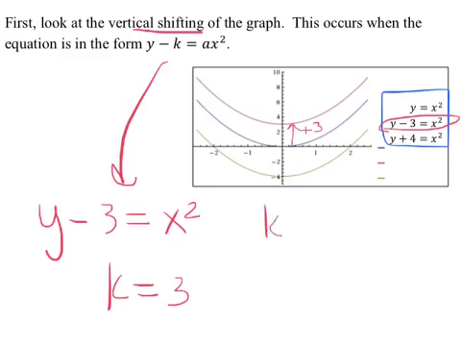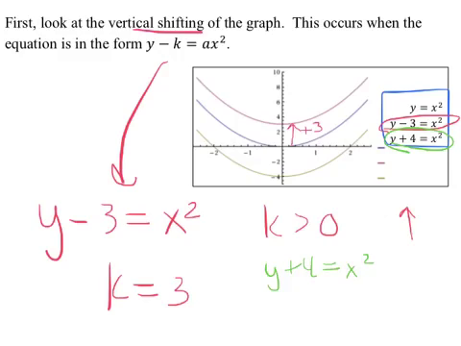And notice when k is greater than 0, when it's positive, the graph shifts up. Look at the bottom example now, in green. What is the k value in this part?